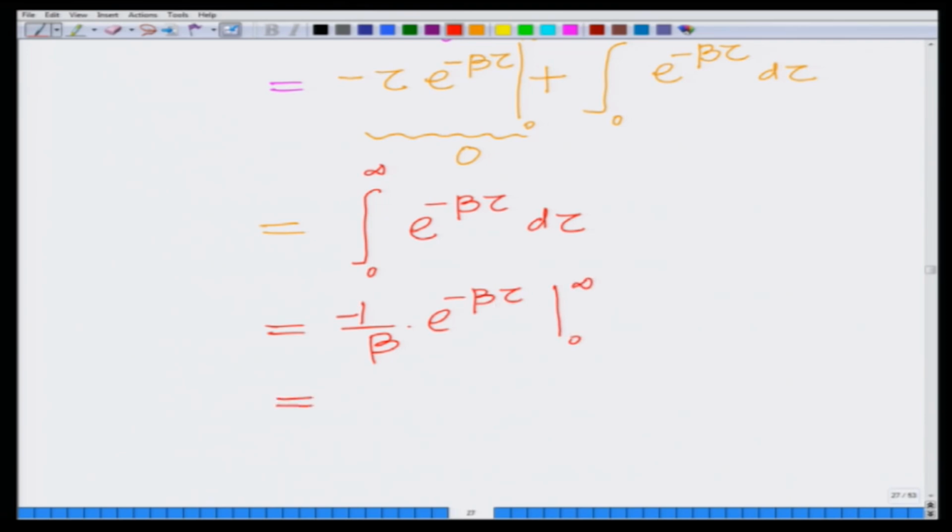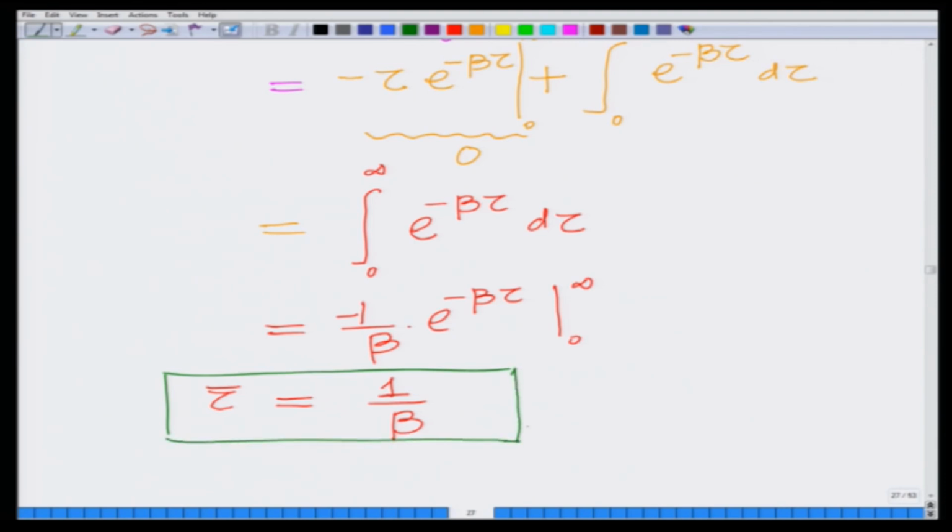At infinity it is 0, at 0 it is 1. So, this is 1 over beta.